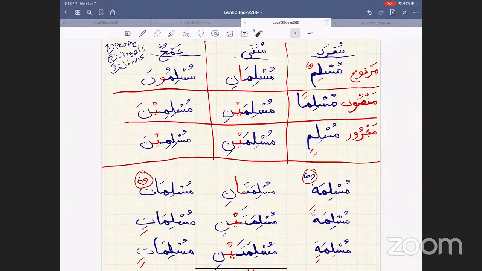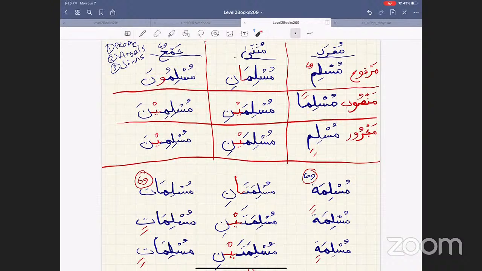So this only goes for masculine people. Number 2, you can also make a plural for angels using una, ina, and also jinns. So this last chart, these 3 endings, can only be used for people, angels, or jinns.